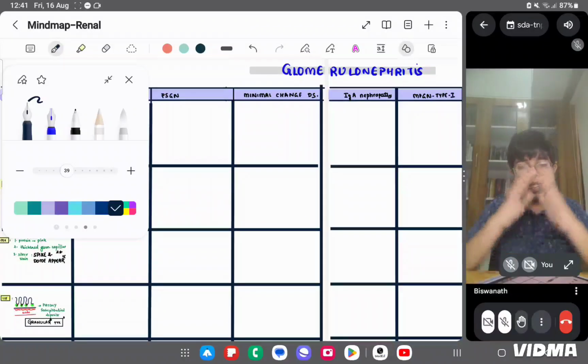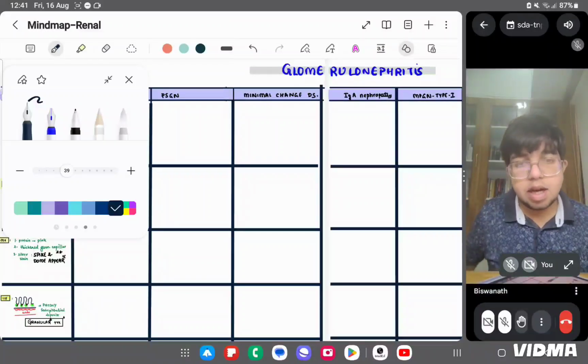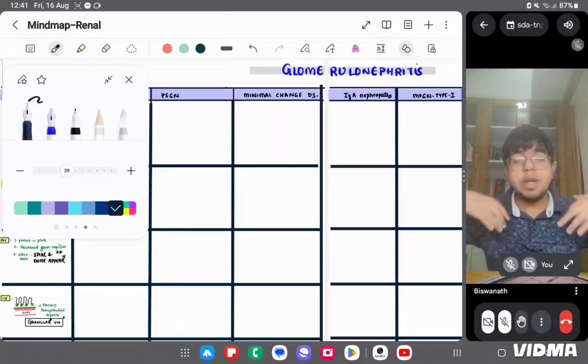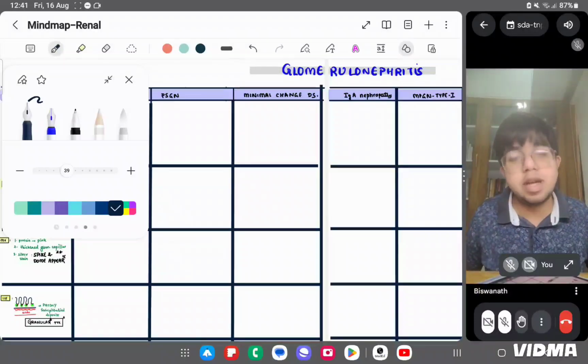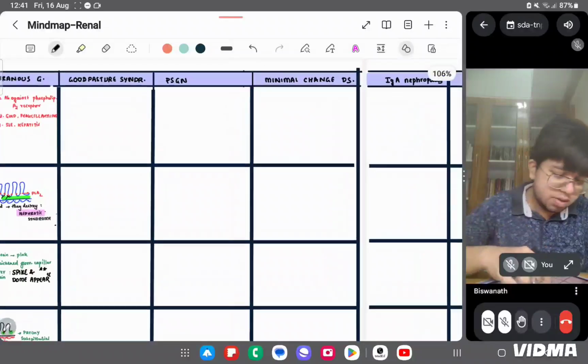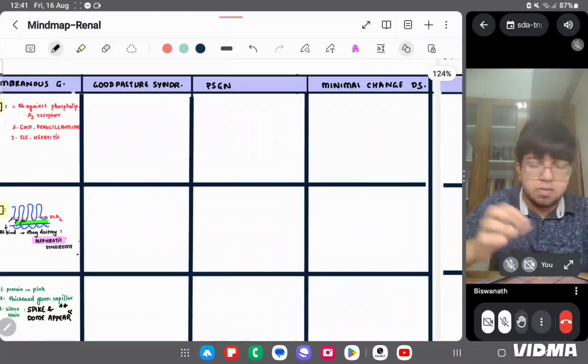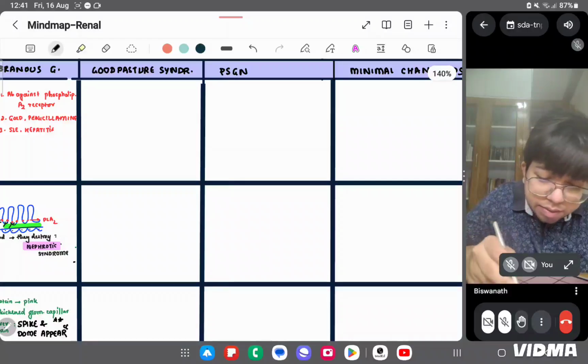Like glomerulonephritis, a topic of 14-15 pages, if you could condense it into one page, that's more than good. No need to be tensed in the exam, right? You got it all right.